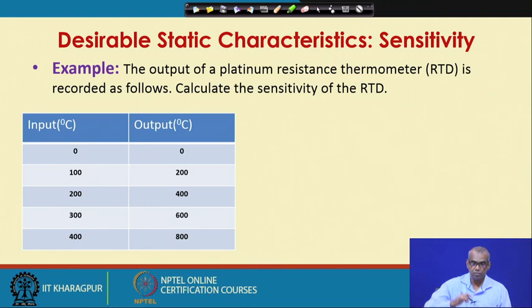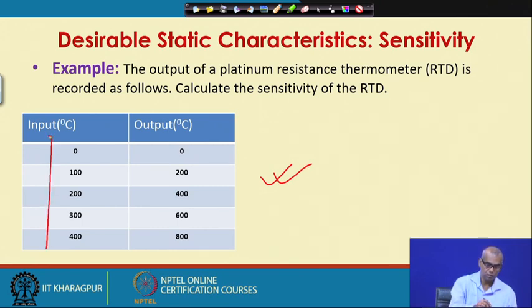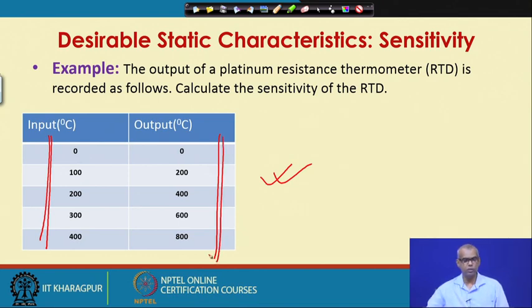Let us consider this is the output of a platinum resistance thermometer. So, these are the inputs which are temperatures, and these are the outputs, let us say, which are also calibrated in terms of temperature.